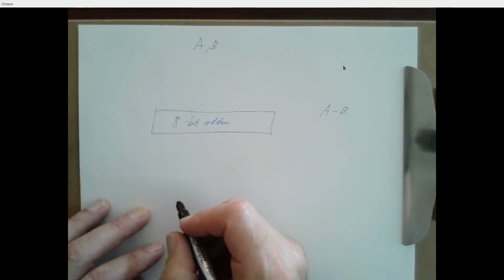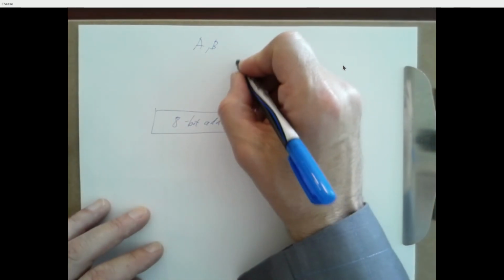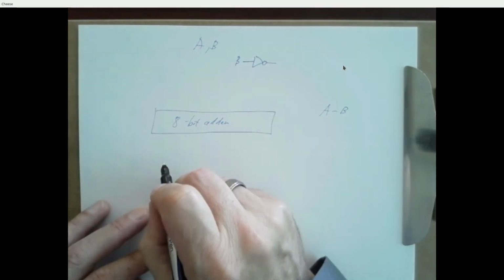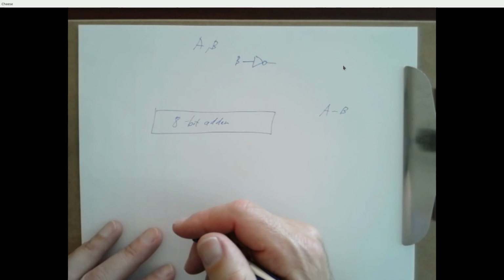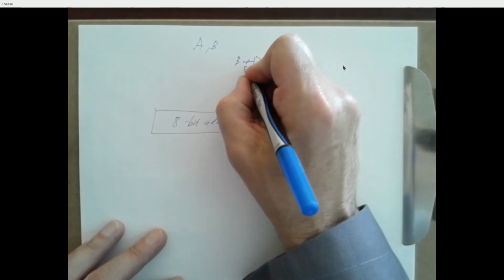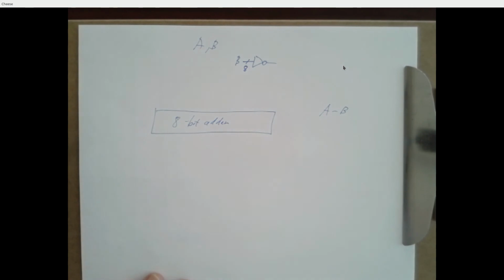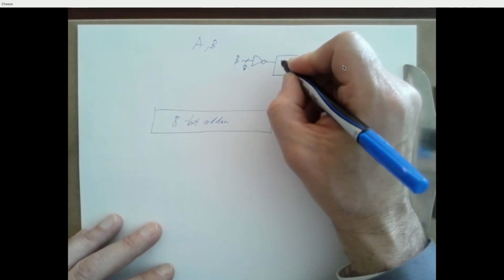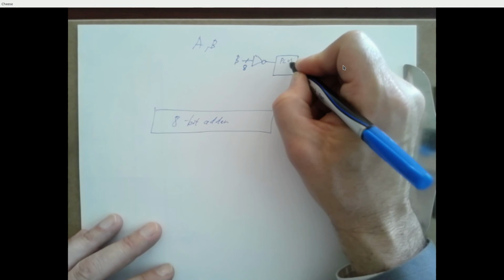So to get the 2's complement of b, we can take b and run it through an inverter. Now b's got a bunch of bits to it, but I can do my little trick of drawing a diagonal line with an 8 to say I've actually got 8 lines here and 8 inverters. So I'm going to invert every bit, and then put this into another box which says +1.